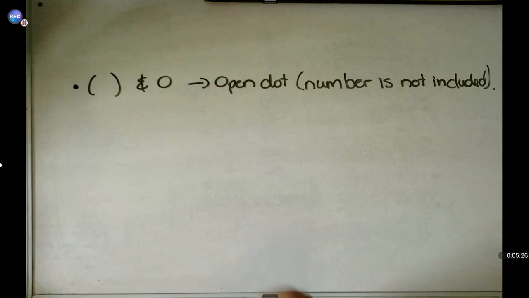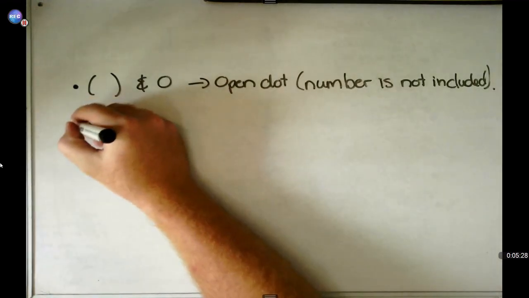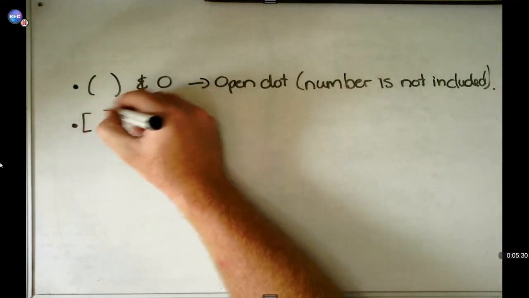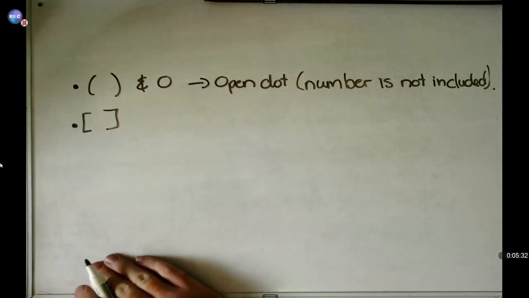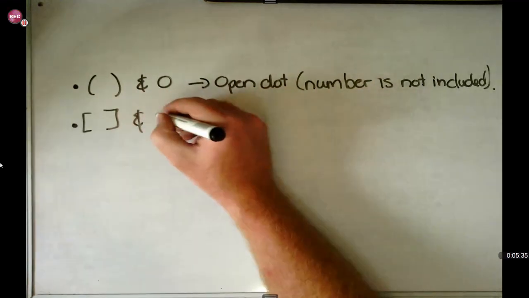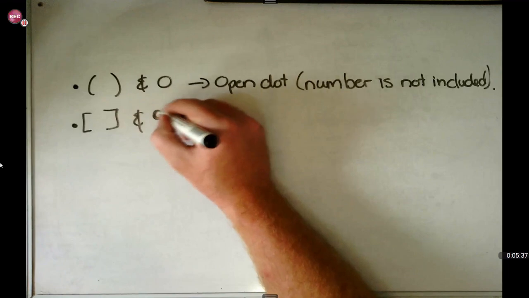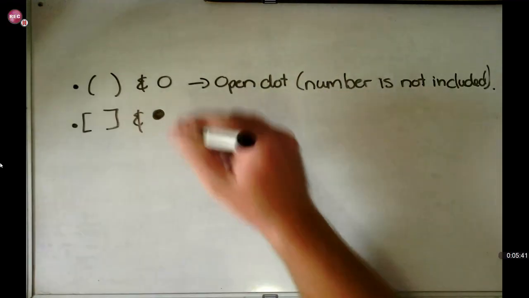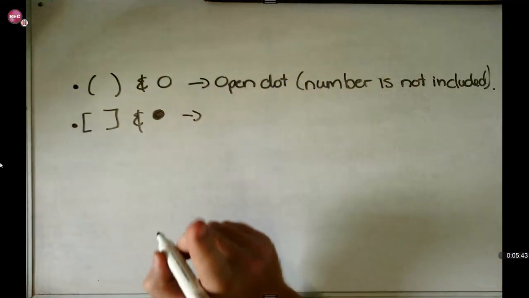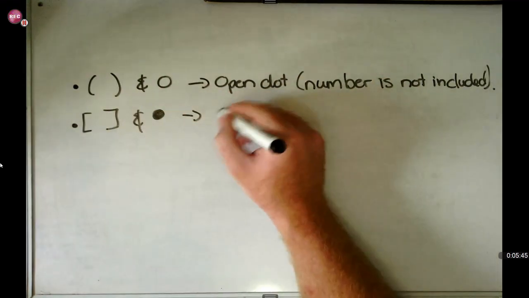Then, if you have a block bracket, such as these two here, and a dot that is colored in, then it means that it is a closed dot.